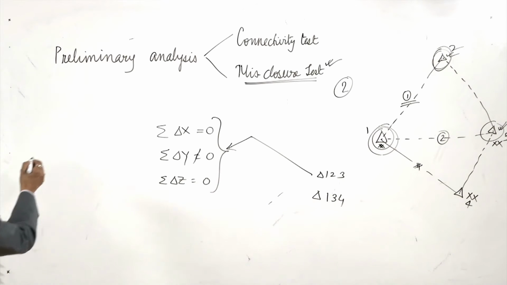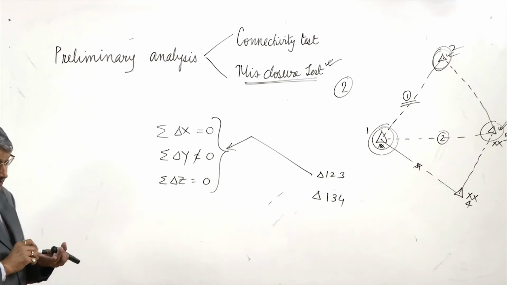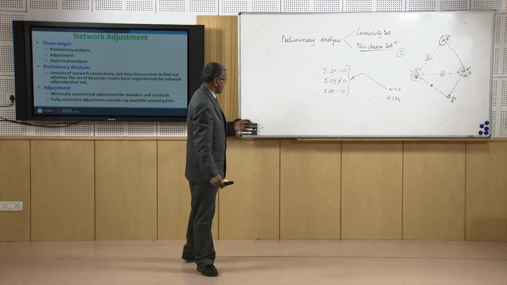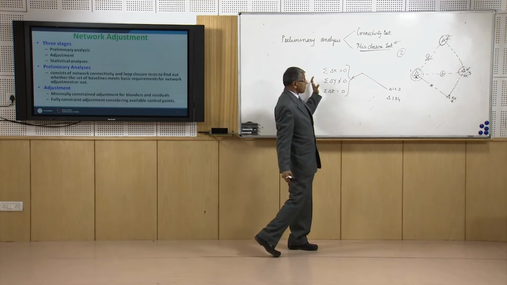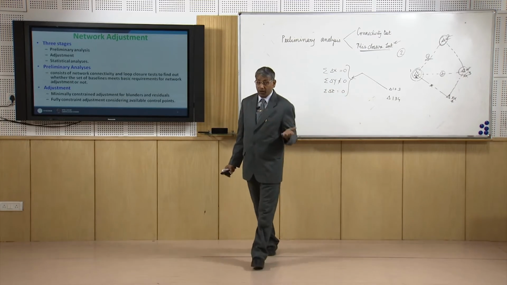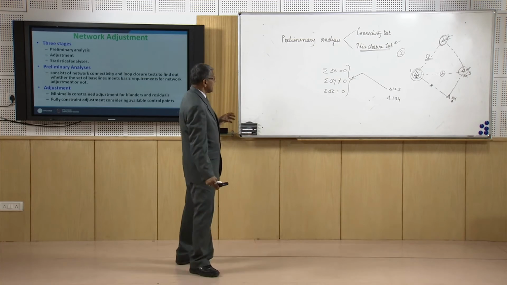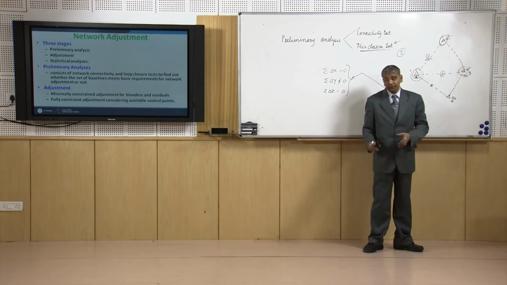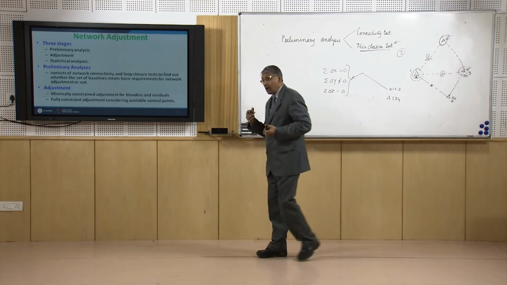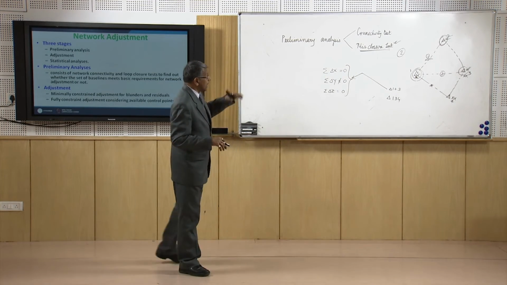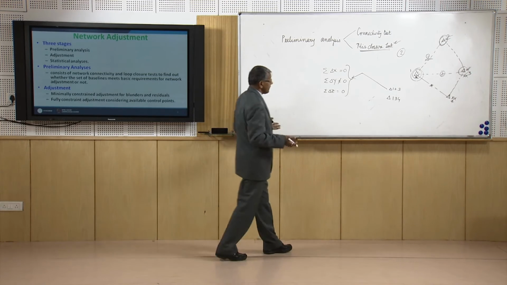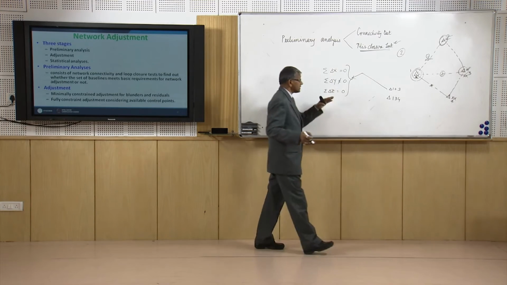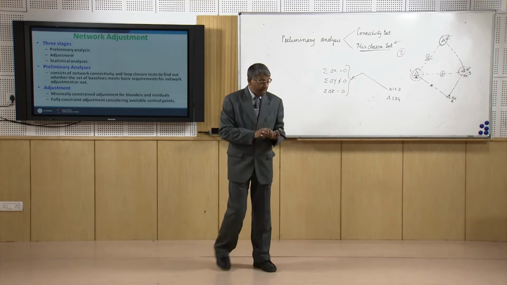So we have to see whether the misclosure is within permissible limit or not. If it is within permissible limit, then we can go forward to our next step, or if it is not, then we have to go to the field again and take the observations, find out the coordinates of different stations, and test it till it passes.